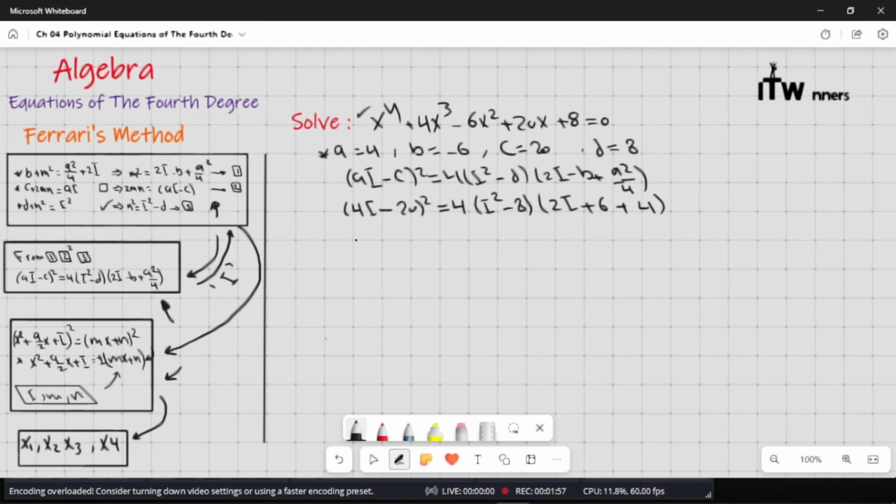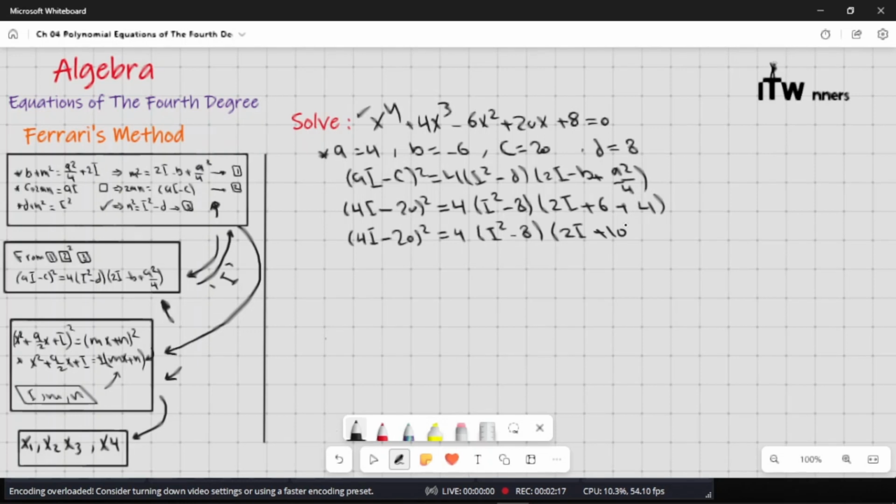Okay, so here (4i minus 20) squared equal to 4 i squared minus 8 into (2i plus 10).